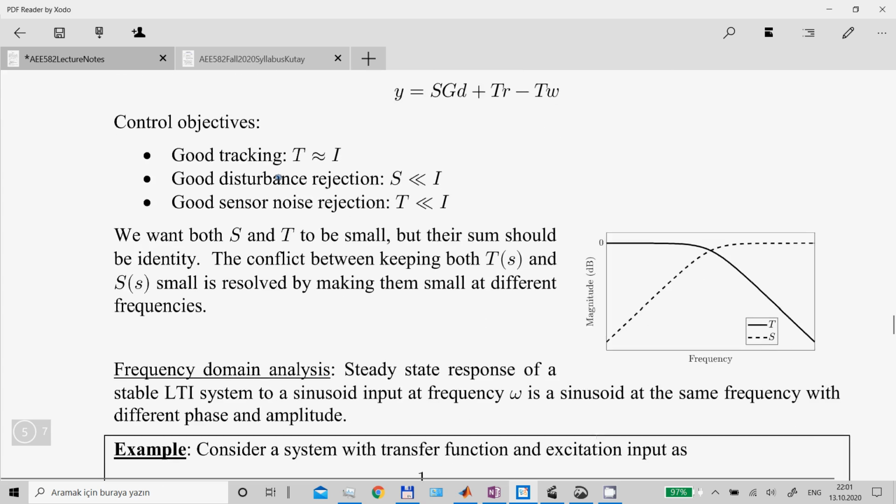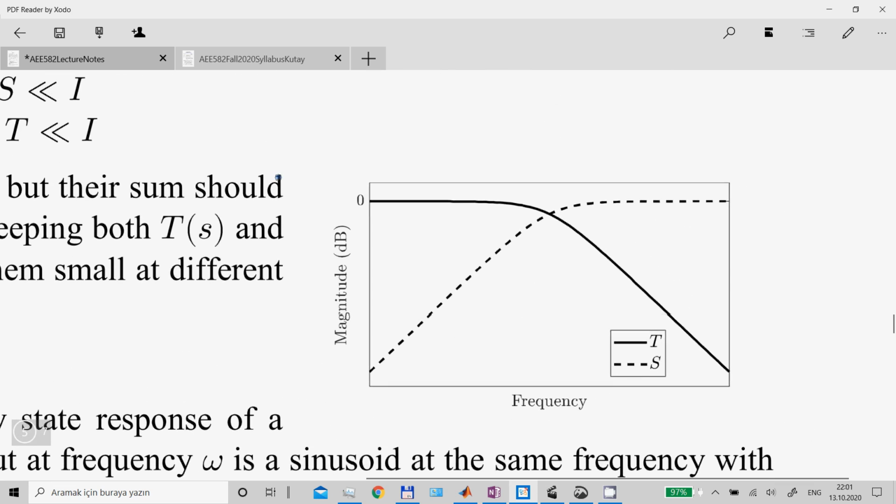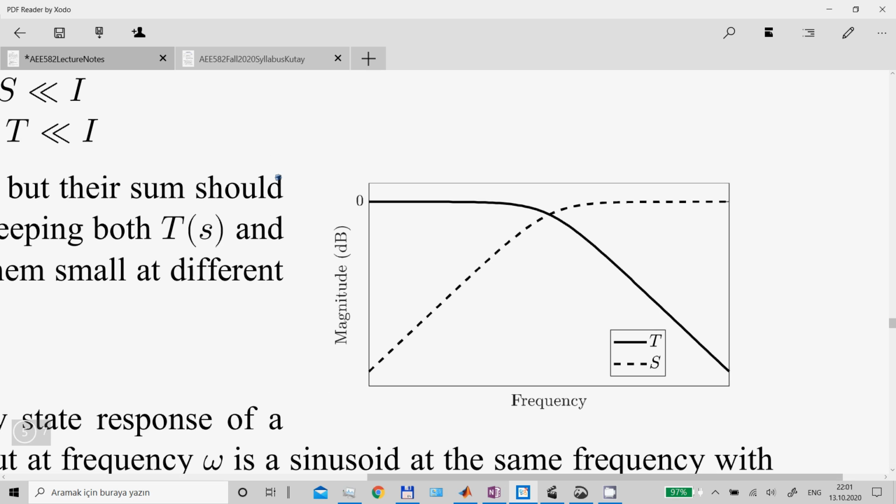So if you take a look at this magnitude Bode diagram, we have systems T and S. Their sum is always unity, always 1. So at low frequencies, S is as small as possible, and T is very close to 0 dB, which means 1. And as the frequency increases, at some point they are equal to each other. And at high frequencies, this time T gets very small and S becomes close to 1. So what does this mean?